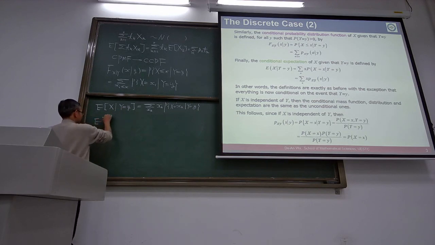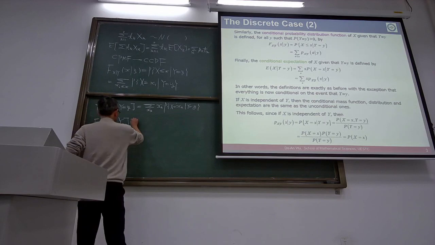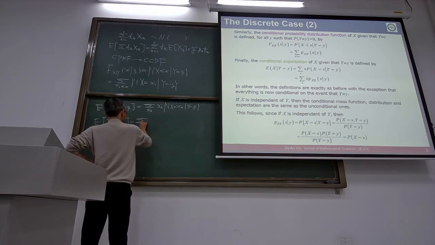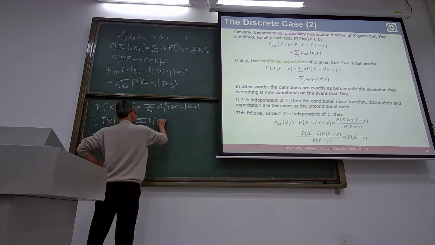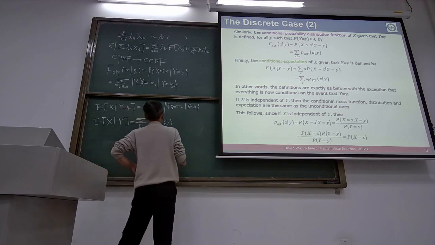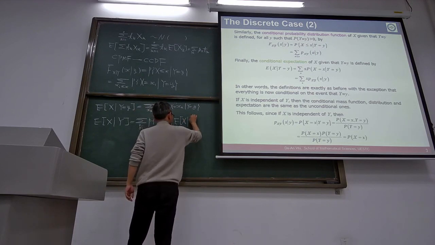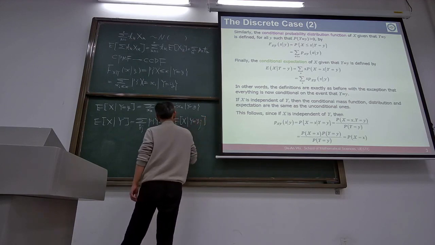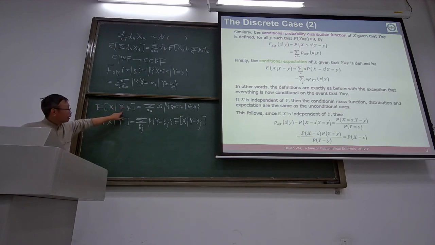We can also define the conditional expectation of X given that our condition is also a random variable Y. Here, the most important thing, the main difference between this one and this one: in this case, y is treated as a constant given the condition.